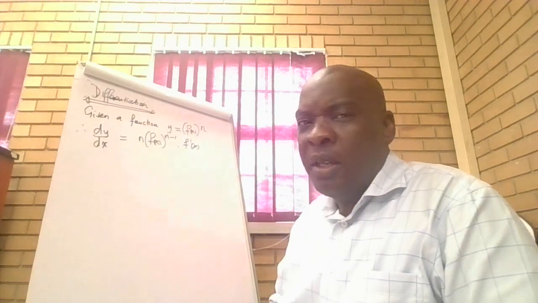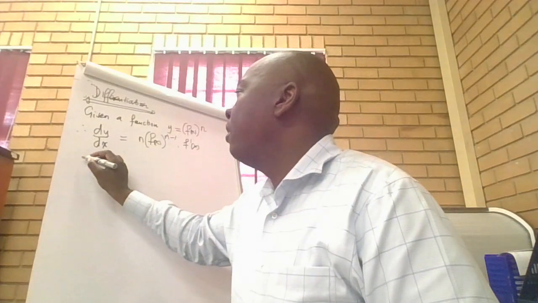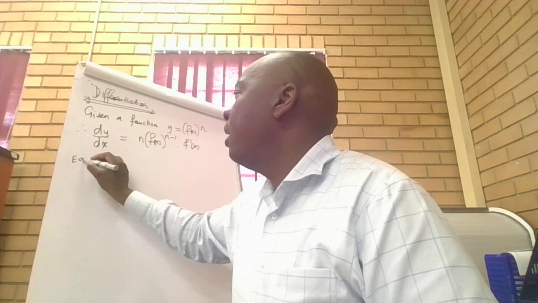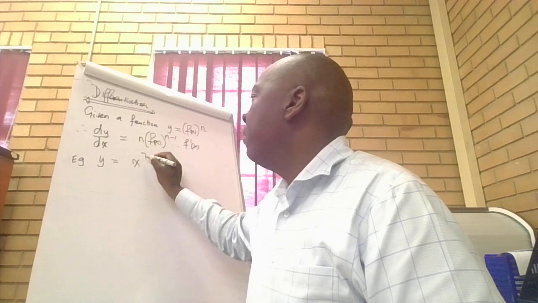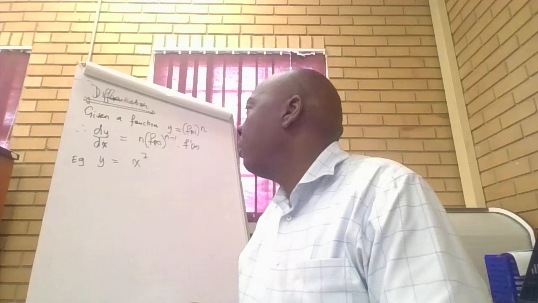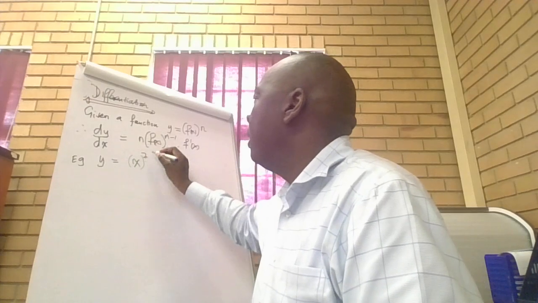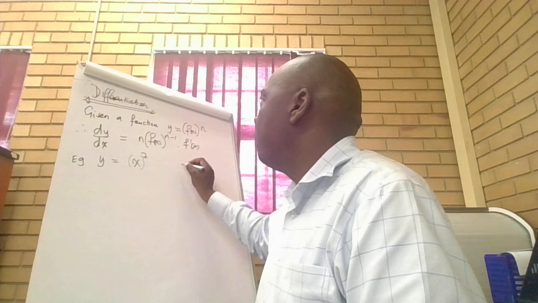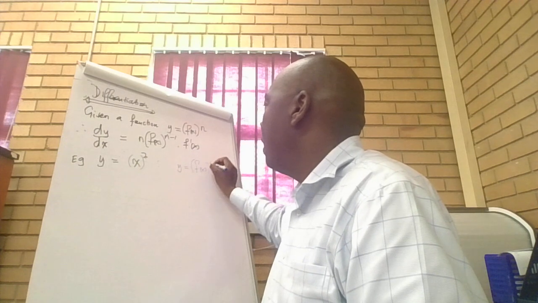Maybe a basic example that can help you understand. Suppose I have y is equal to x to the power 7, which I can write explicitly as x to the power n. So you can see, therefore, it takes the form y is equal to f of x to the power n.